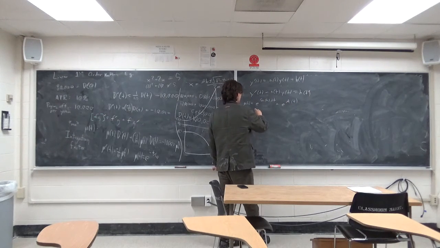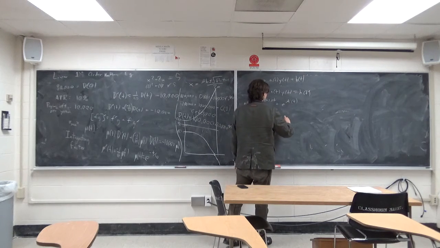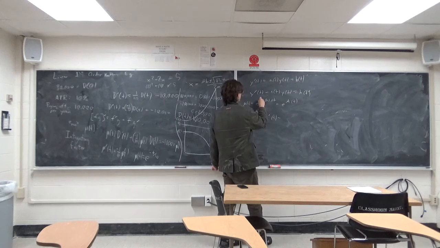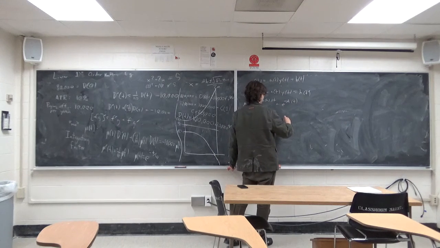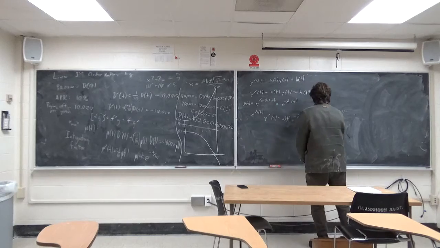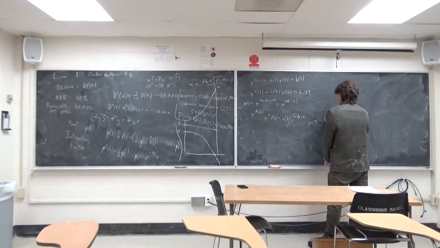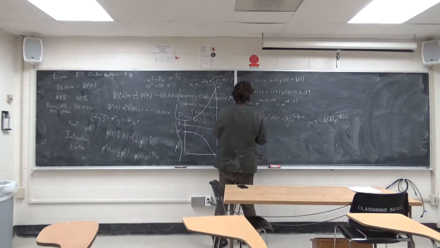I'm going to do that: e^(-A(t)) y'(t) minus a(t) e^(-A(t)) y equals b(t) e^(-A(t)).